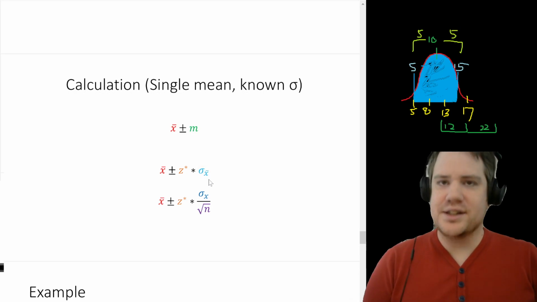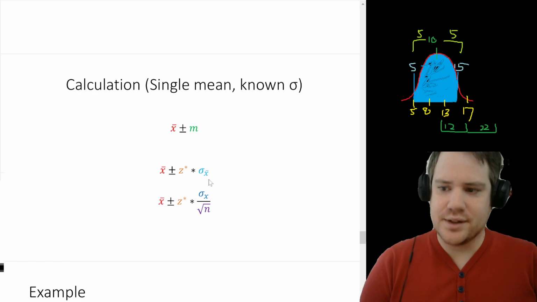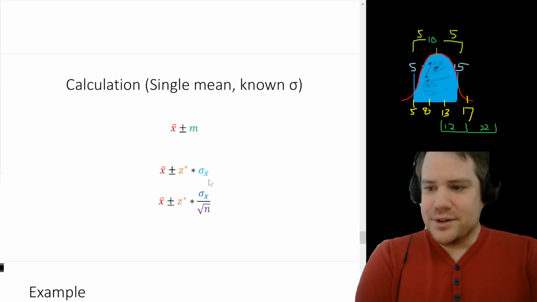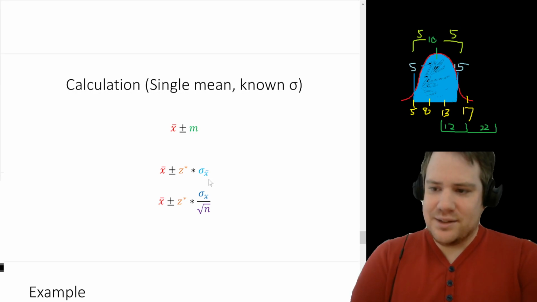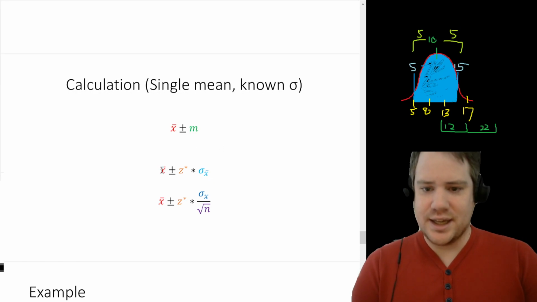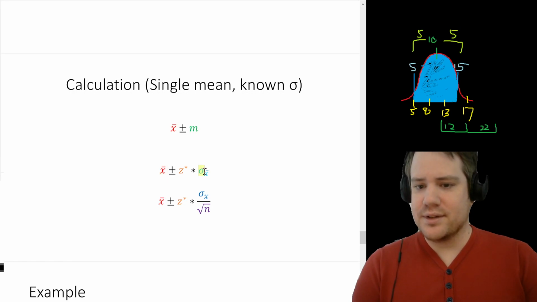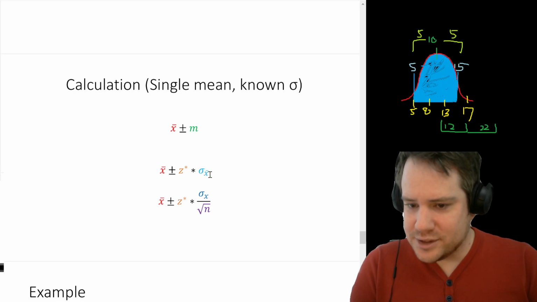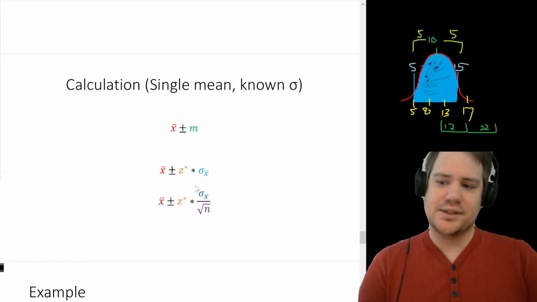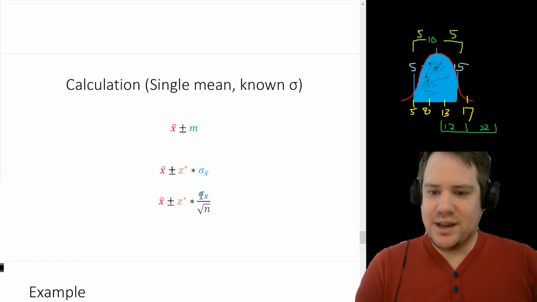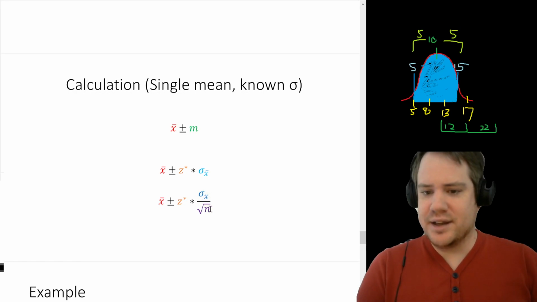The standard error is the standard deviation of a statistic. So again, also important to know the definition of the standard error: it's the standard deviation of a particular statistic. In this case, the statistic is a sample mean. So we want the standard error of, specifically, the standard deviation of the sample means. And we learned previously that we can find that by taking the standard deviation of the population and dividing it by the square root of n.